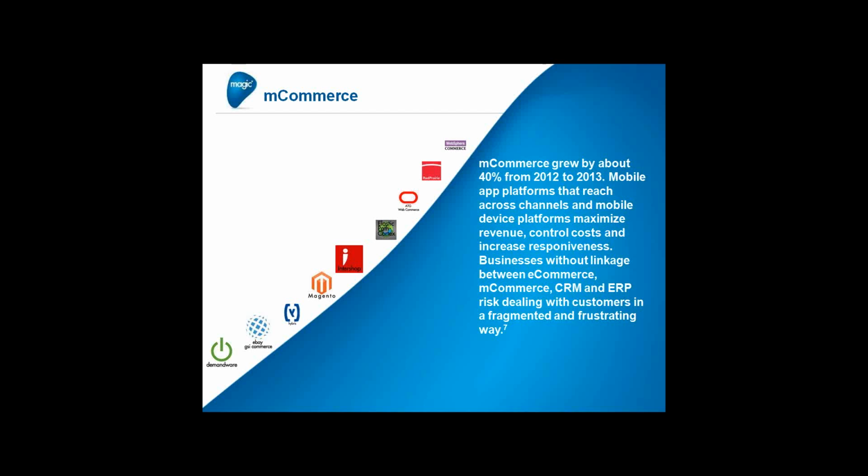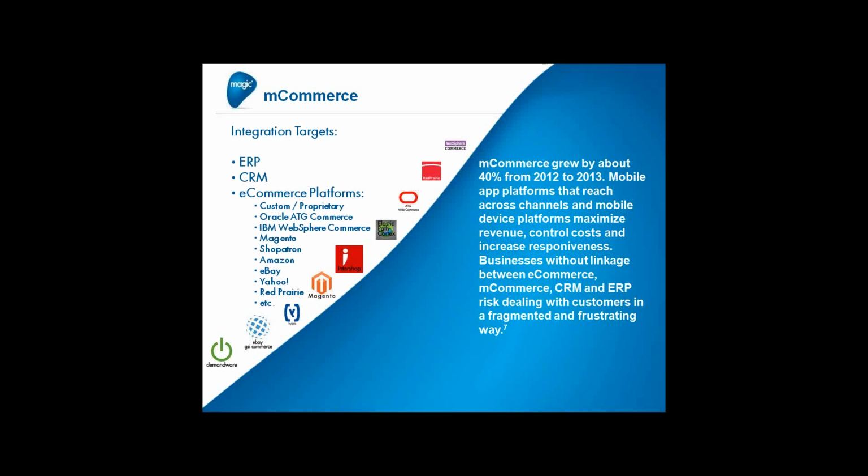M-commerce, or the idea of being able to purchase goods through a mobile device, either a smartphone or a tablet, is huge. It's growing somewhere around 40% from 2012 to 2013. The trend lines are forecast to continue in 2014 and beyond, and we certainly expect that as m-commerce continues, mobile apps related to this will also generate the need to integrate to e-commerce platforms where you have traditional web order processing, and you're going to start to see more special purpose apps where the app itself might have a special purpose function.